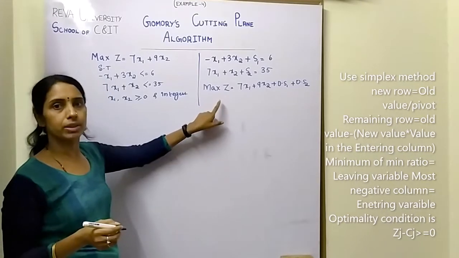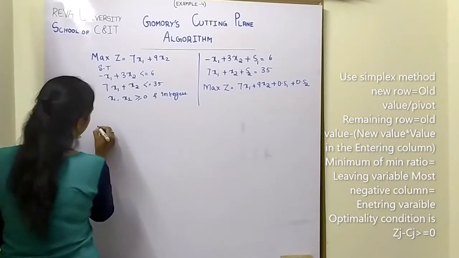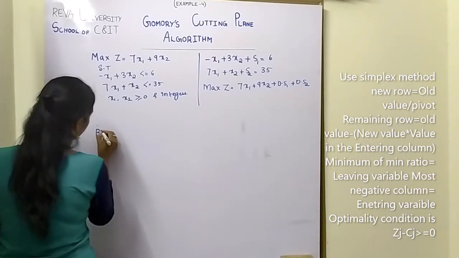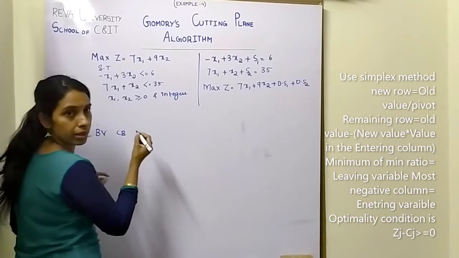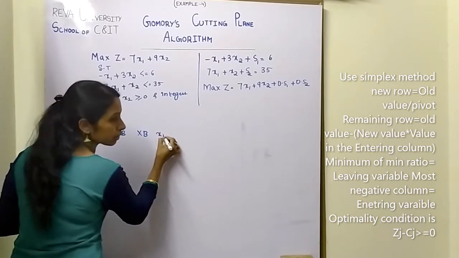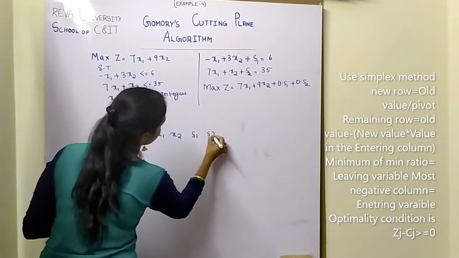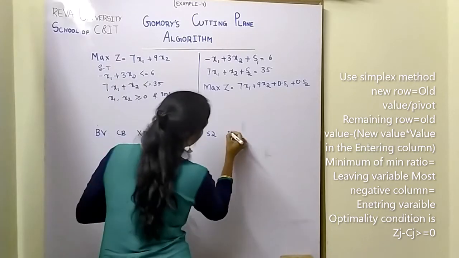Now you have to solve this using the simplex method. So write the simplex method table: BV, CB, XB, X1, X2, S1, S2 and minimum ratio.